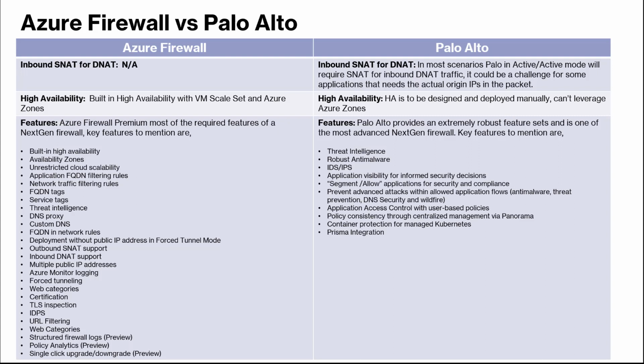So for example, if you're coming from the internet or public and you need to do destination network address translation in the active configuration, you would need to do source NAT on the Palo. That means the source IP address would be changed from the original IP address to the Azure Firewall untrusted interface IP address, right?